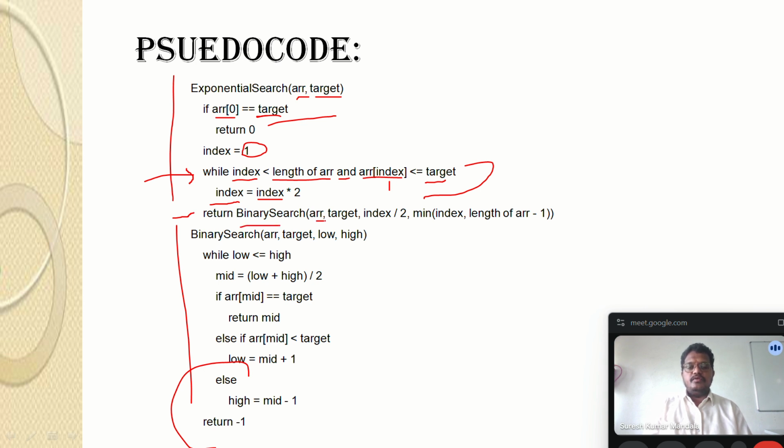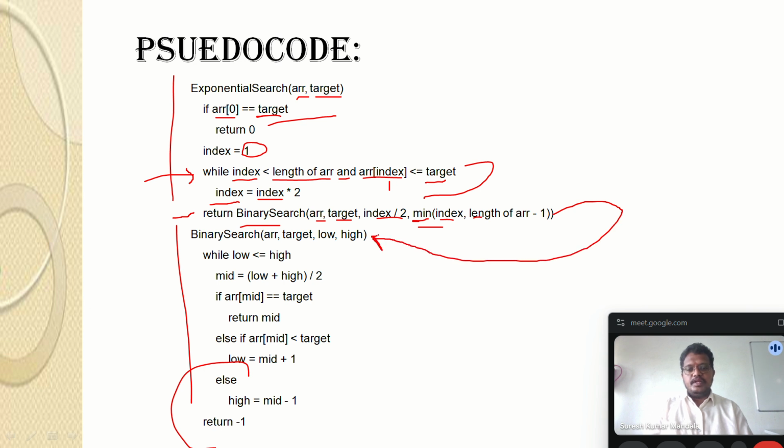In binary search, we pass the array, the target value, and index by 2. Again we do index by 2, and we identify the minimum value. Minimum is a predefined function present in Java and Python, not in C++. We will pass index and length of array minus 1. How will it work? It will call the binary search.